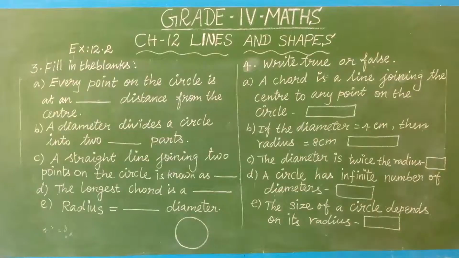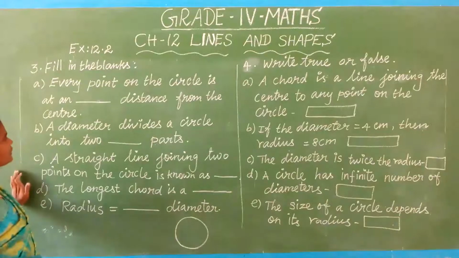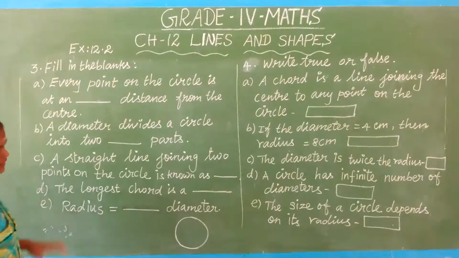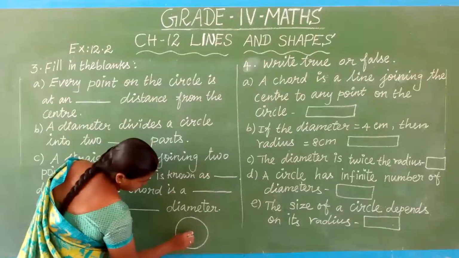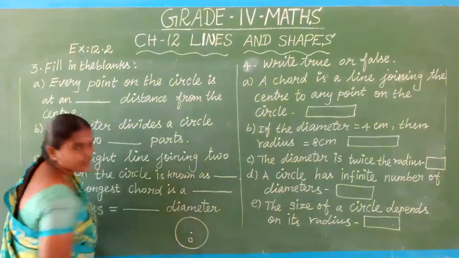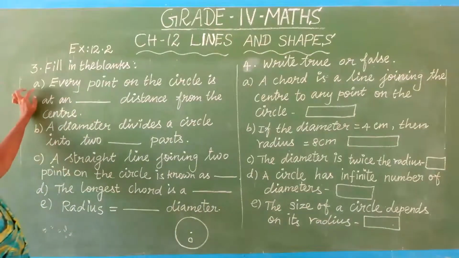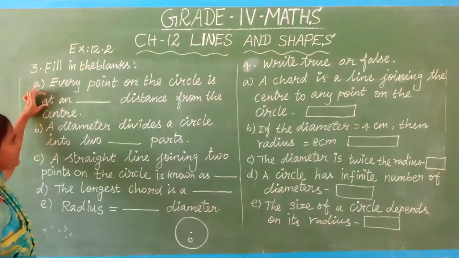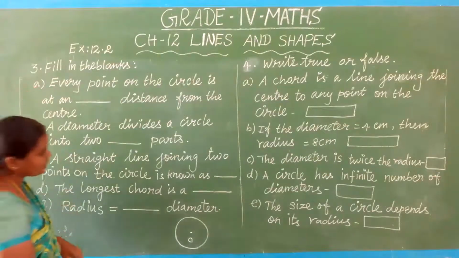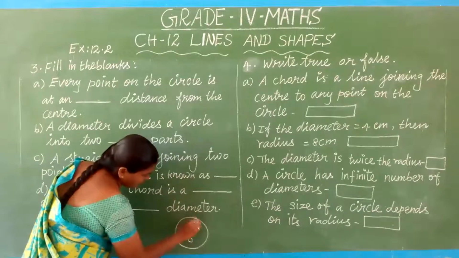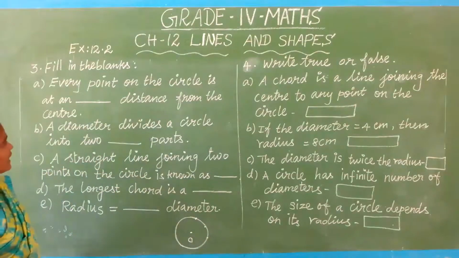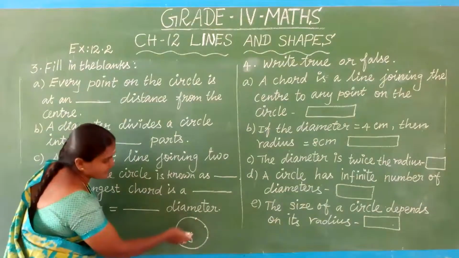So third one, fill in the blanks. A question: every point on the circle is at a dash distance from the center. Here is one circle, this is the center point. Every point on the circle is at a dash distance from the center point.